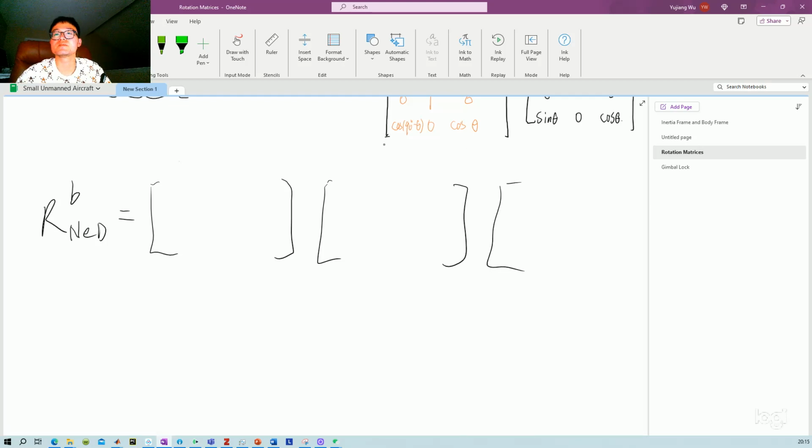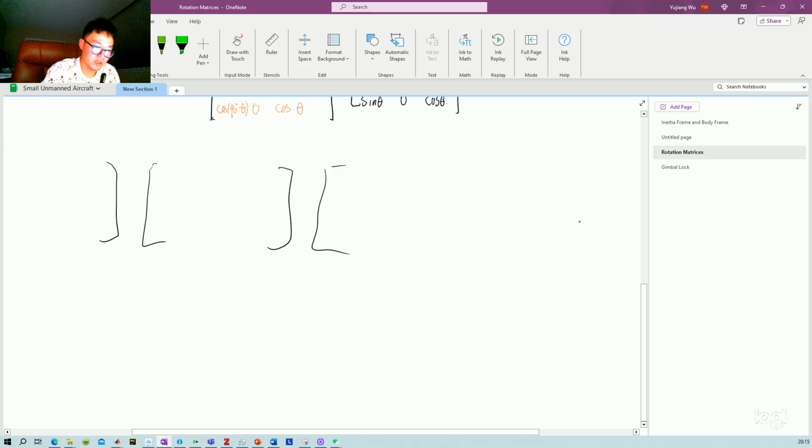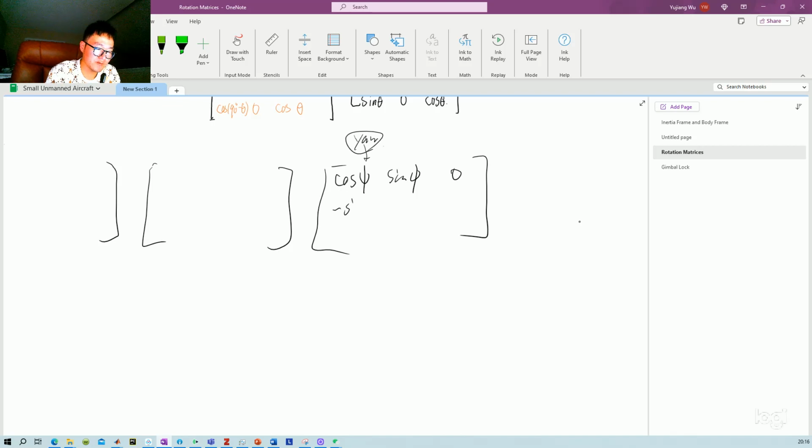The first matrix is defined against the yaw angle. So it's cosine psi, sine psi, 0, then negative sine psi, cosine psi, 0, and then 0, 0, and 1.